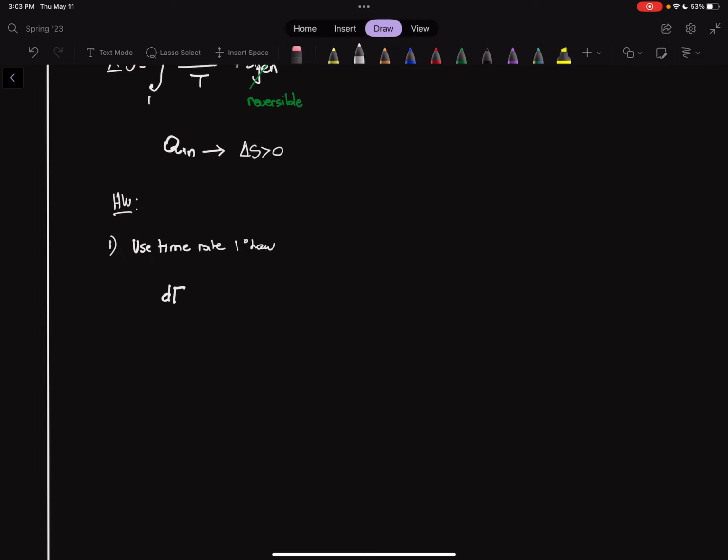That says that's going to be Q dot in plus work dot in plus, that's single in, single out, so I remove the sum, m dot in times HT plus gZ in, minus Q dot out plus, so that's dots here because that's time rate things, plus m dot out times HT plus gZ out.